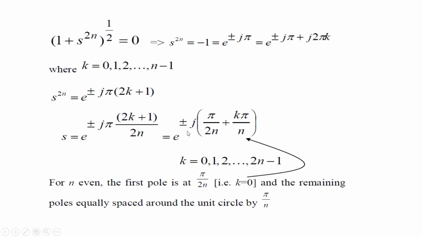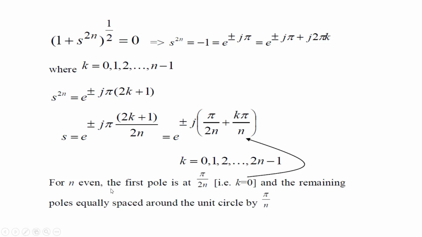So the final equation is e to the power plus minus j (pi by 2n plus k pi by n), where k varies from 0, 1 up to 2n minus 1. All right.